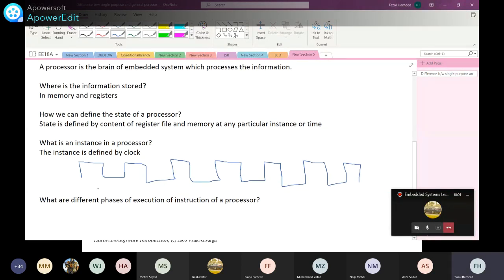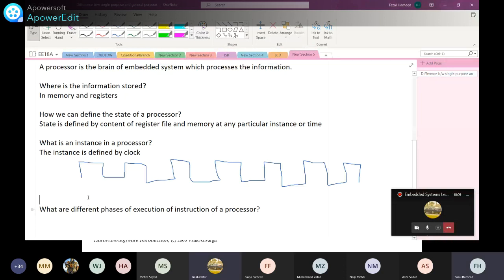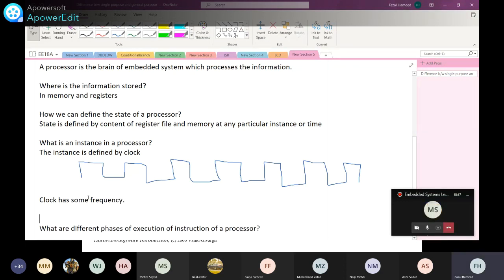So clock has some frequency, and this frequency determines the time interval of a clock period.